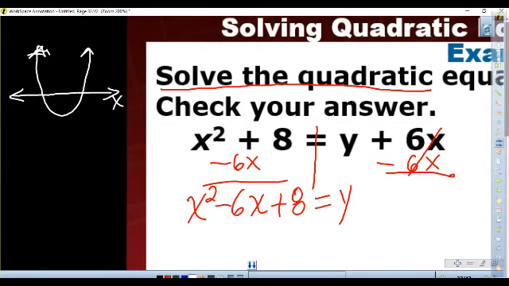That is correct. Therefore, if that's the solution to a quadratic equation, what are these known as when a graph crosses the x-axis? Tell your neighbor. The solution. The coordinate. Ordered pair. Yeah, a solution is an ordered pair.